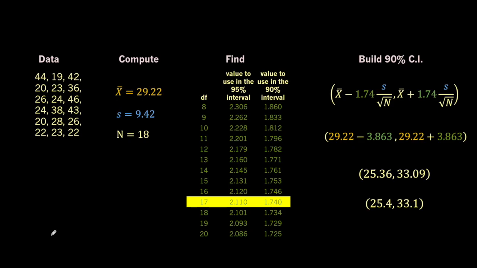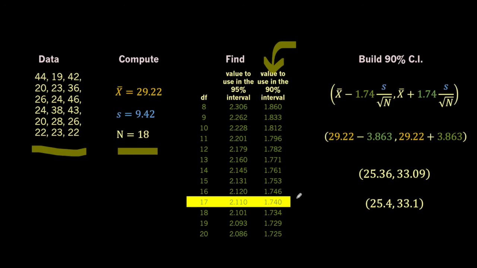So we can do it again. We have the same data that we had before. We can compute now the mean and the standard deviation as we did before. Nothing has changed. But now we want to create an interval with 90% confidence. So we go to our table and we find another column where we can obtain the new limits.